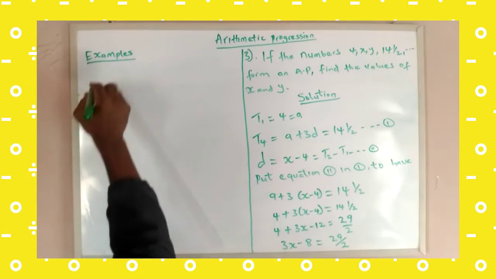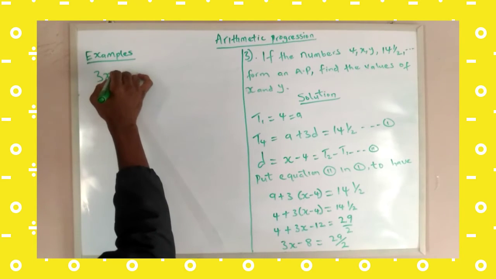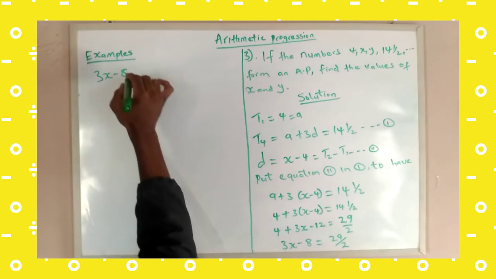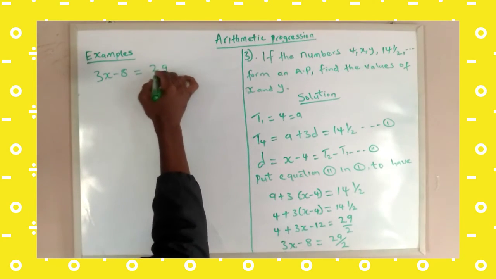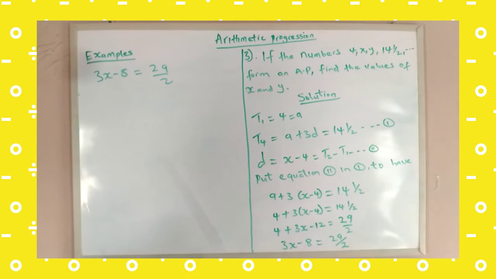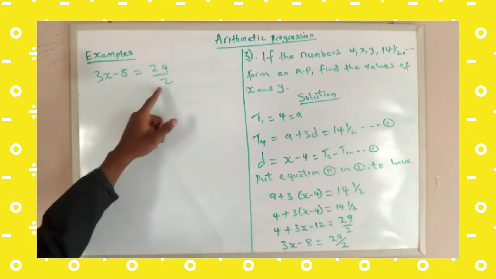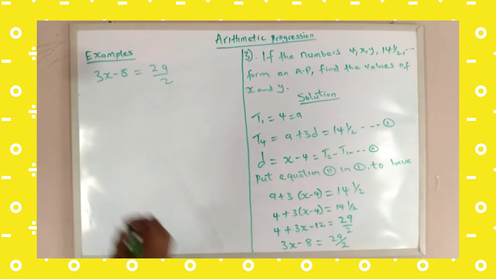So the equation we are having here is 3x minus 8 is equal to 29/2. In order to clear the fraction here, we multiply through by 2.